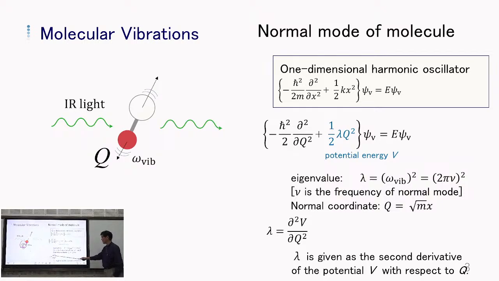And lambda is given as the second derivative of the potential V with respect to Q. This is the general description of the molecular vibration in the case of diatomic molecules.